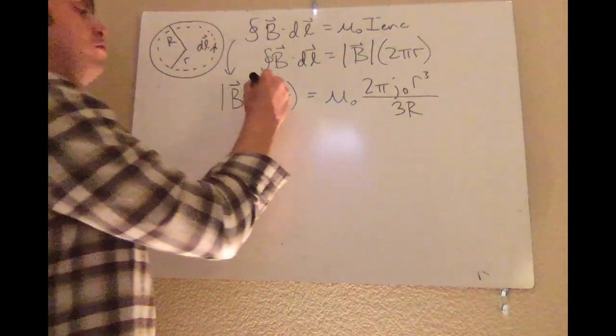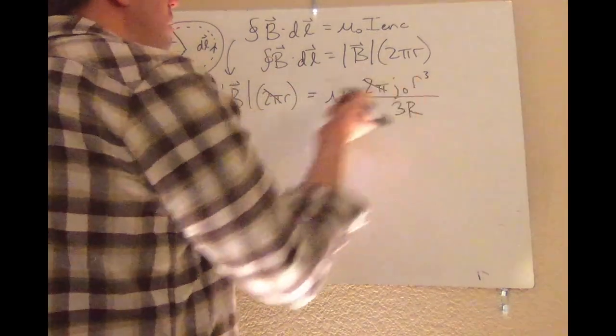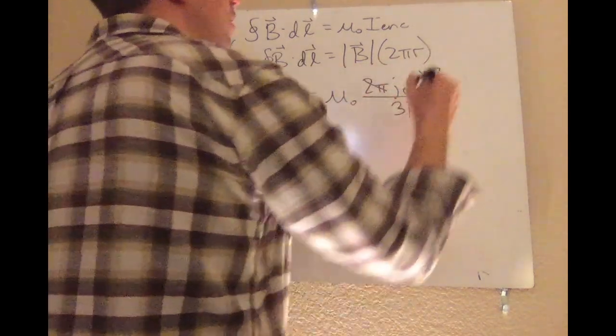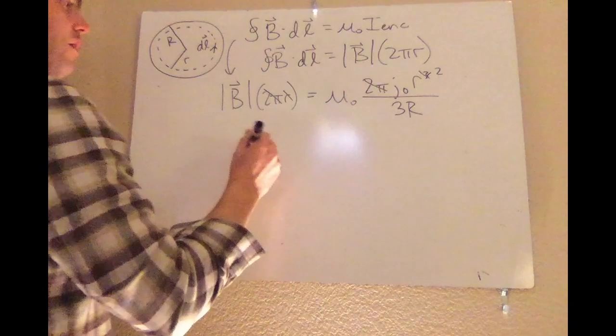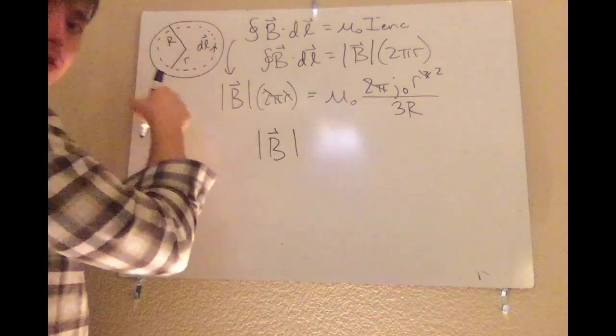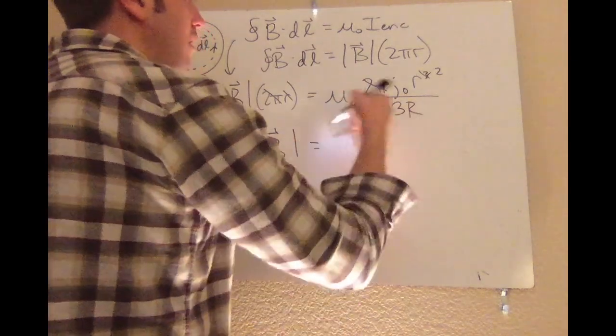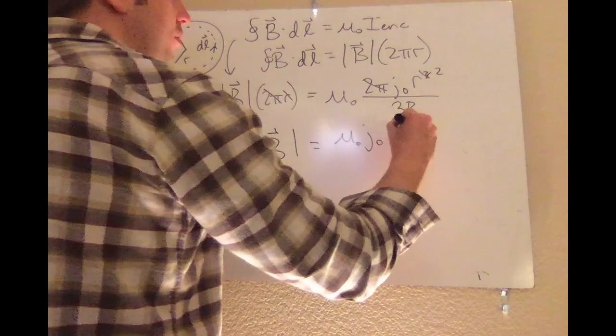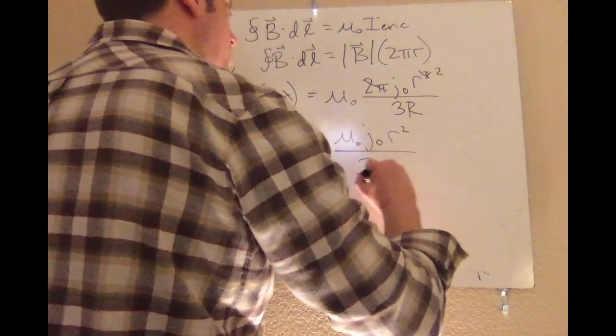So cancel out 2 pi. Cancel out this factor of r right here, just divide it, and now this becomes r squared over here. So the magnitude of B, when we're inside of the wire, is given by mu naught times J naught times little r squared divided by 3 times big R.